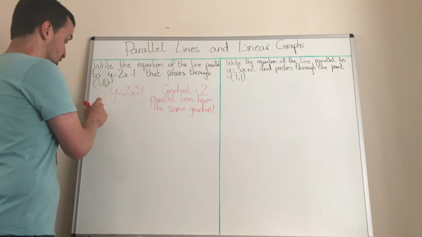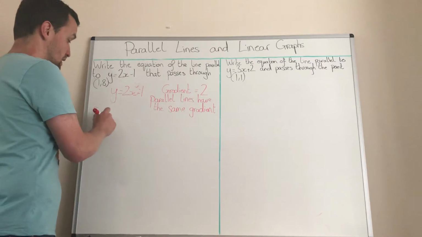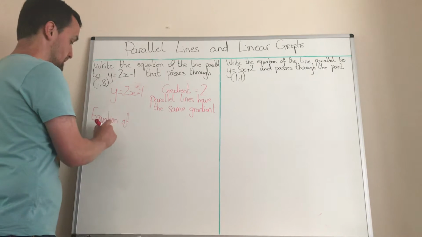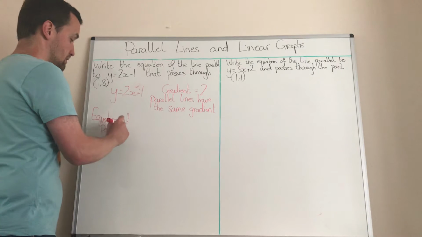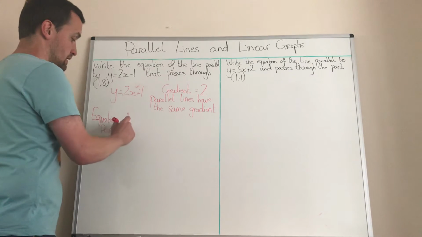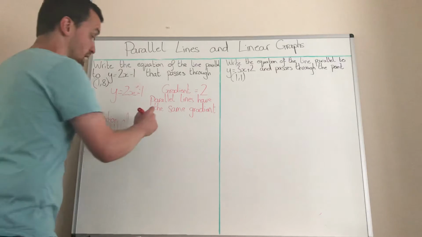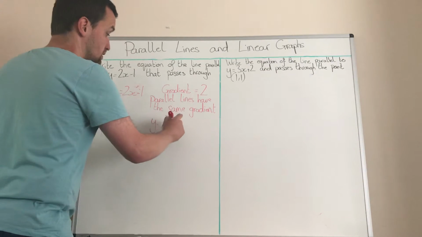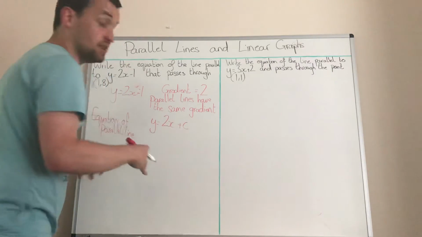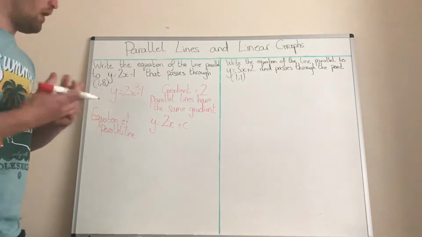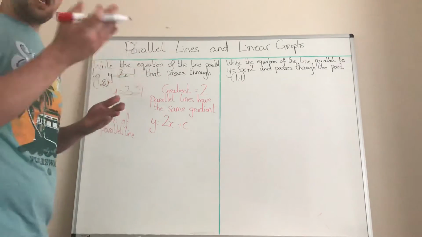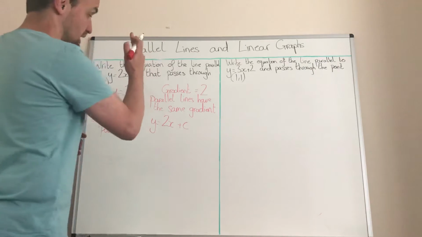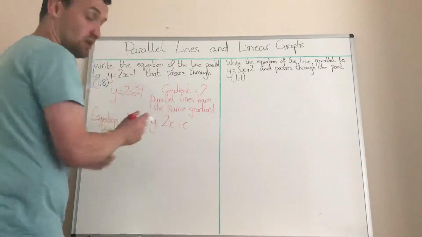So the equation of our parallel line is going to be y equals 2x plus c. C, if you remember, is our y-intercept. It's where our line cuts through the y-axis. We need to work out what c is.